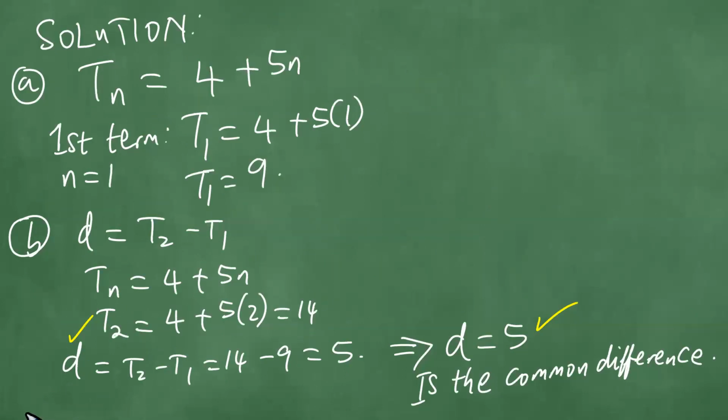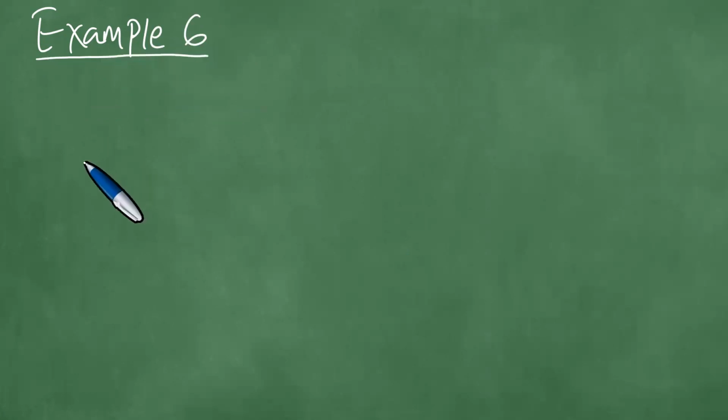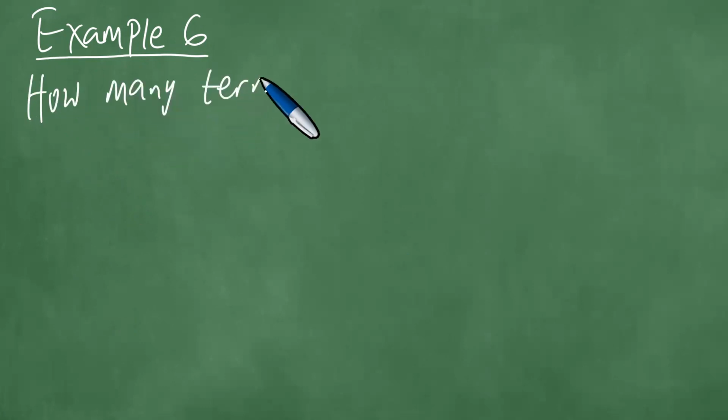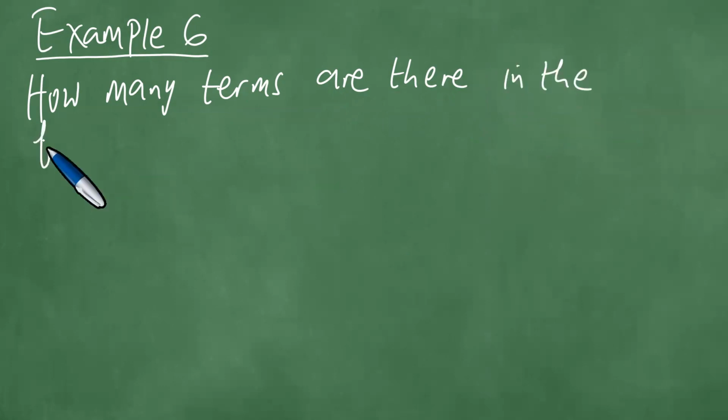Example 6 says, how many terms are there in the following sequence?